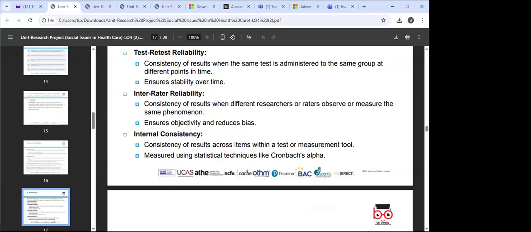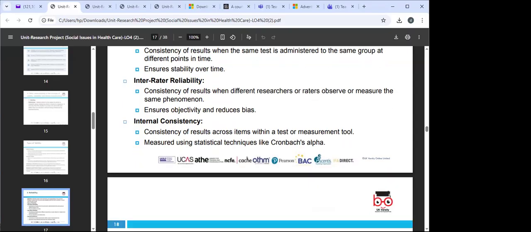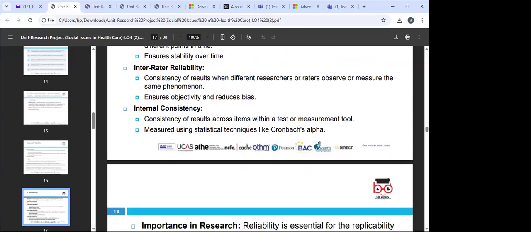It means that different researchers do the research and conclude on the same thing. This helps against bias, because you can't say only one or two persons came up with the testing. You have diverse people, 5, 10 people, coming together, and therefore it ensures that there are no biases in the test being done.